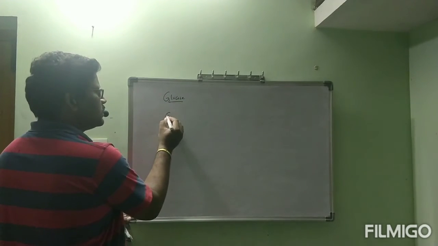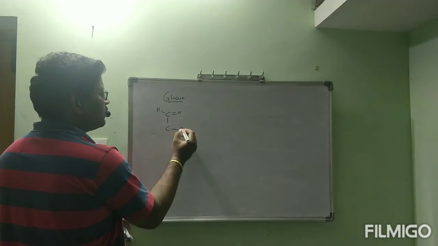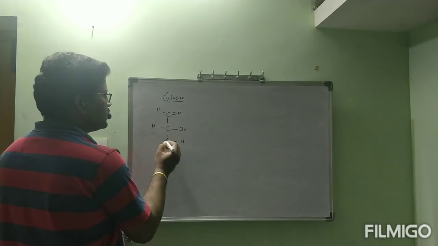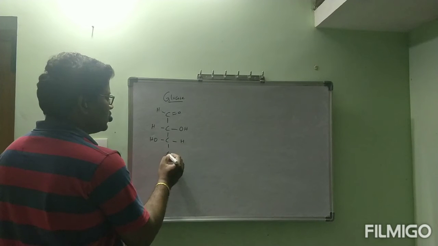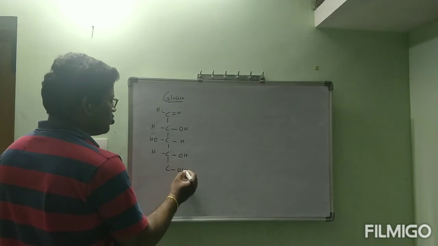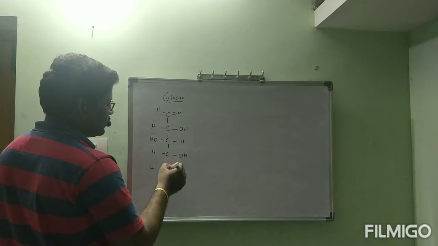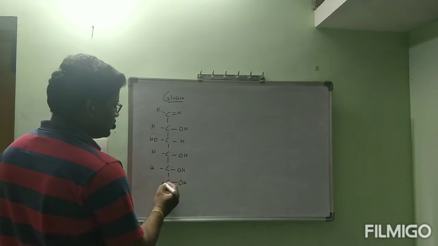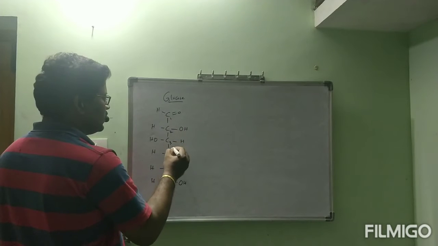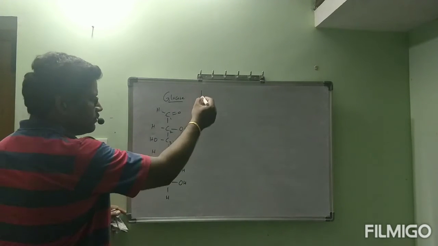Glucose: C double bond O, H; C, OH, H; H, OH; C, OH, H; OH, H; OH, H, H. Carbons 1, 2, 3, 4, 5, 6. This is the structure of glucose.